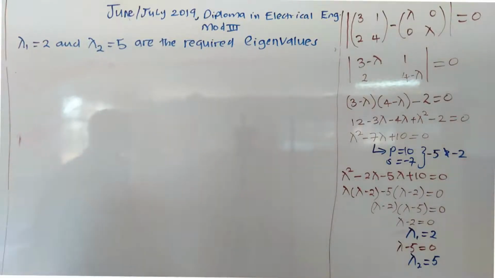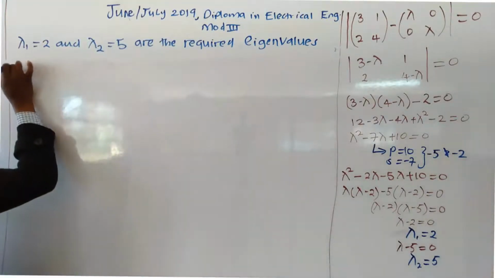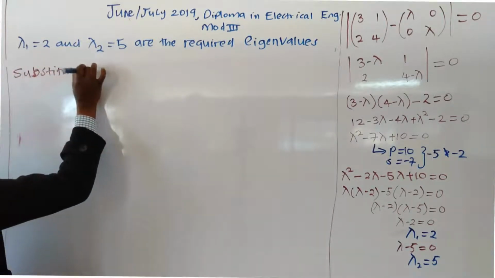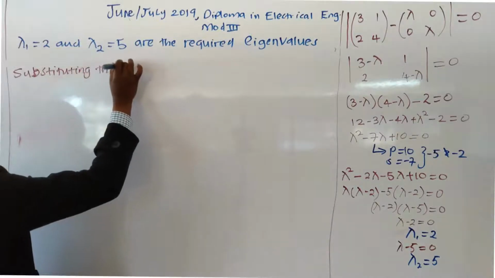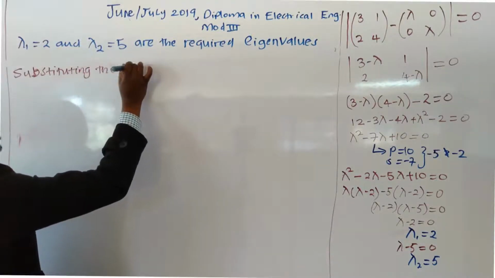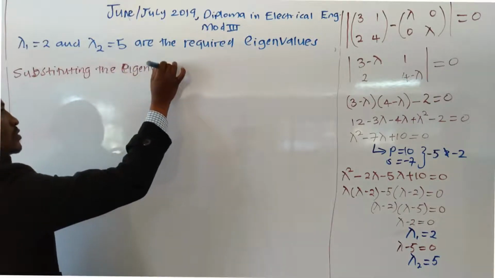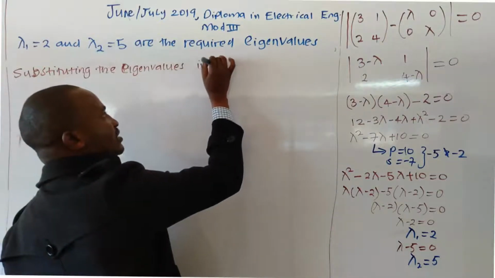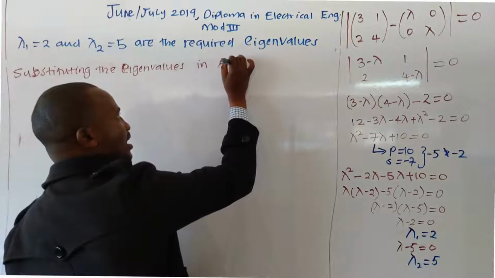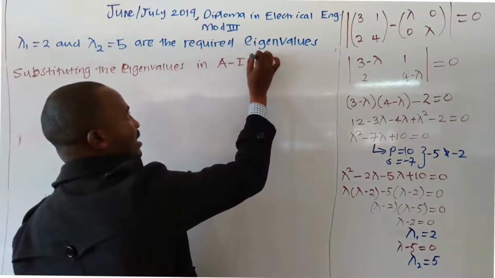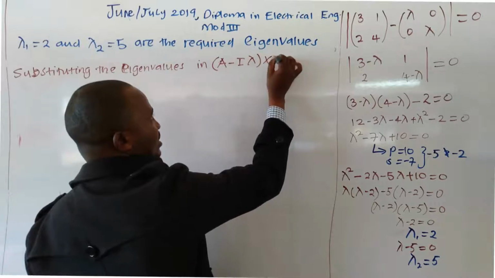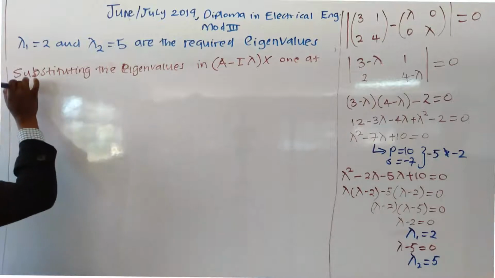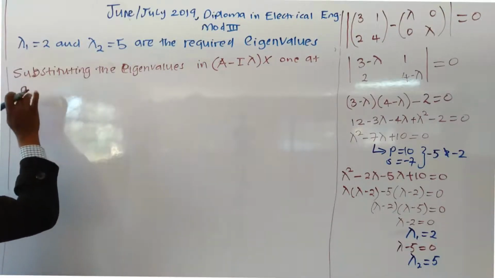Having obtained the eigenvalues, we are now going to substitute the eigenvalues in A minus I lambda times x, one at a time.